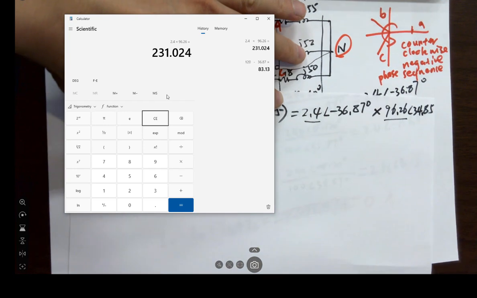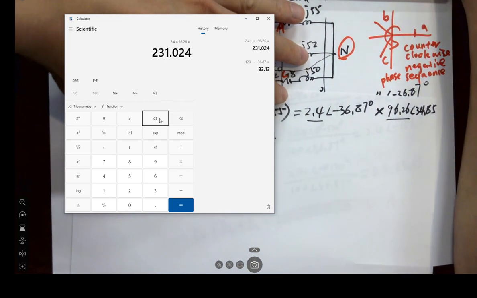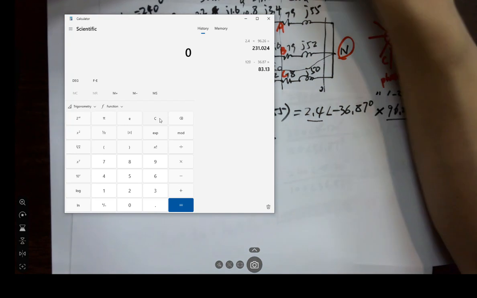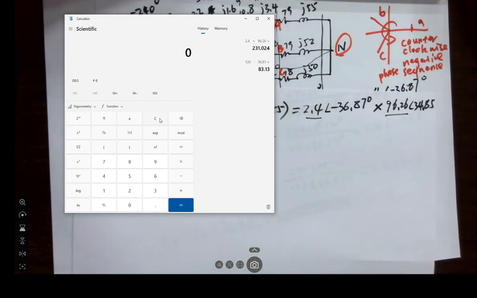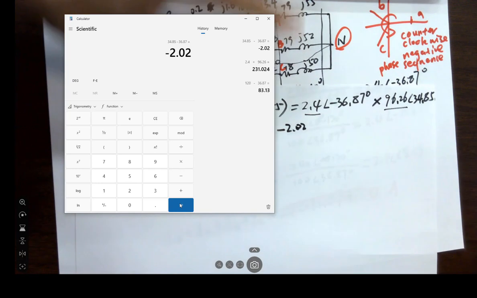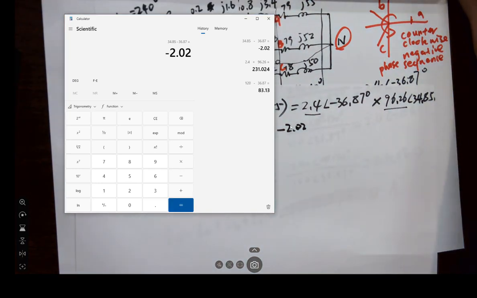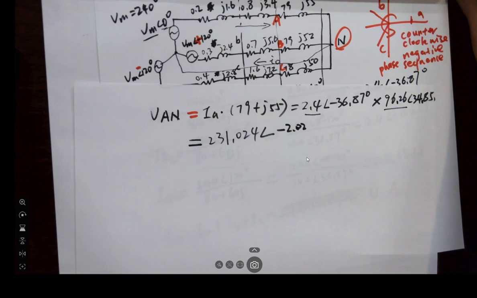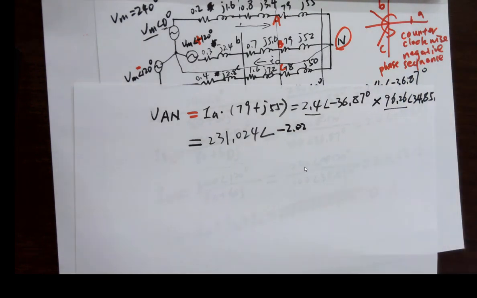The angle is 34.85 minus 36.87, negative 2.02 degrees. Okay, so that's how you calculate VAN.